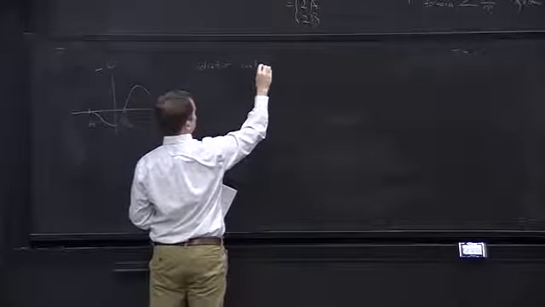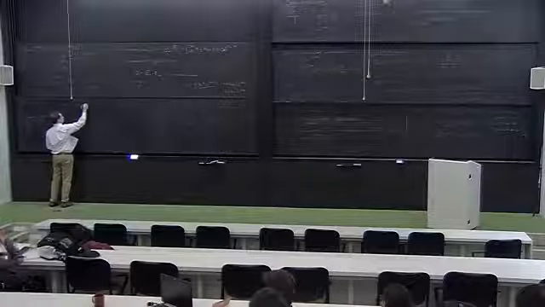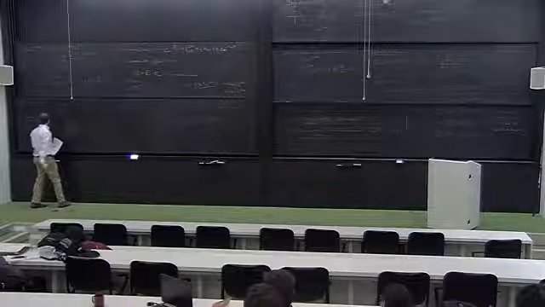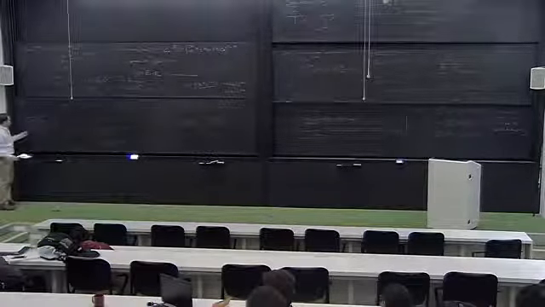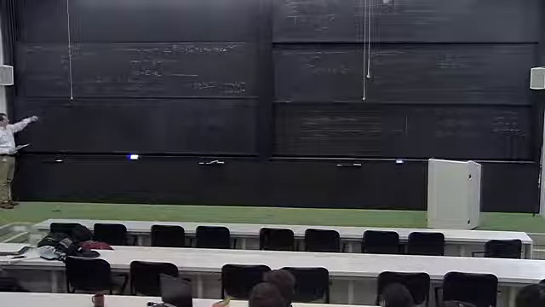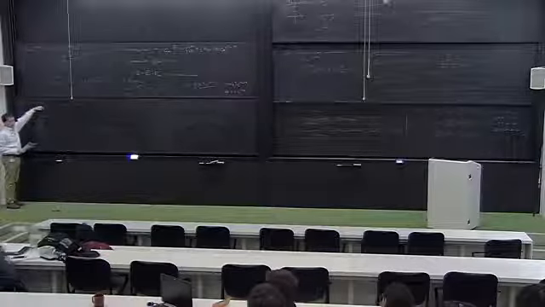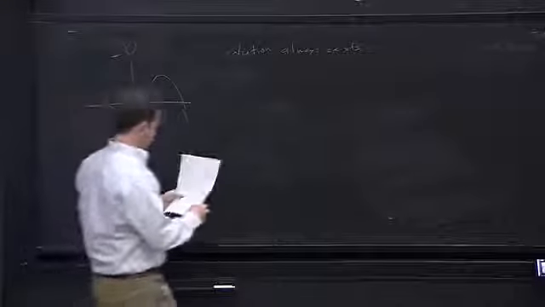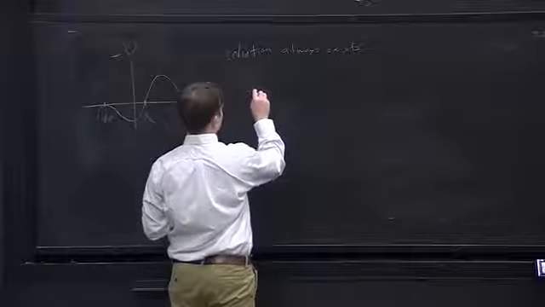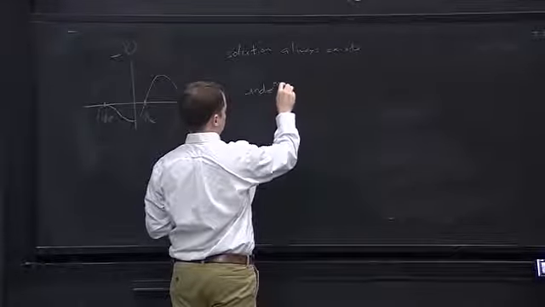So a solution always exists. And we can see this by considering what happens if we start the particle at rest at different positions over here and seeing where it ends up. So it's easy to construct an undershooting solution.